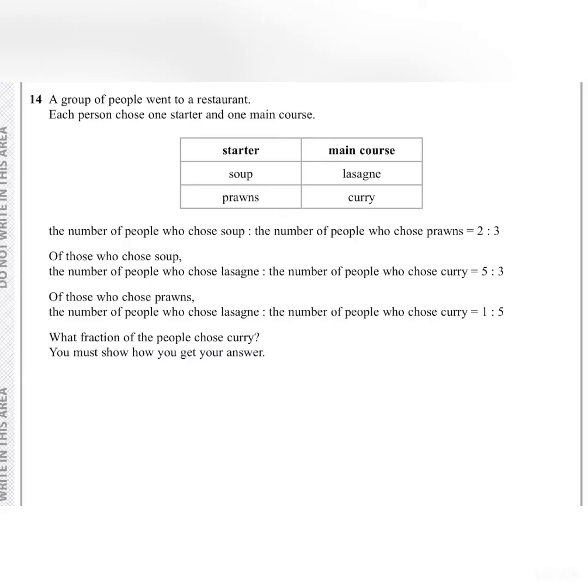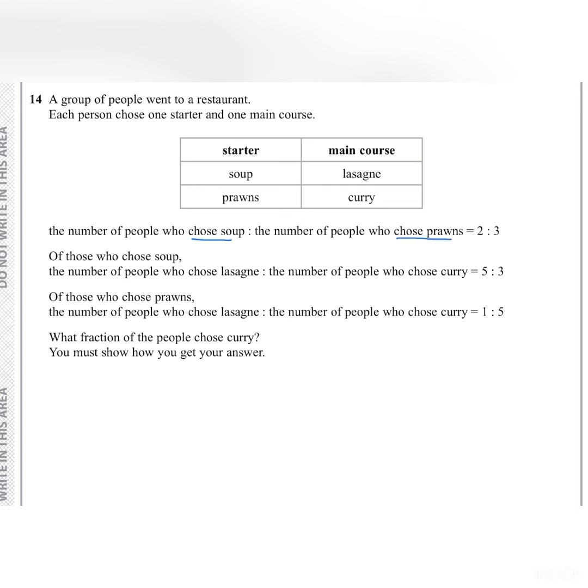Okay, question number 14, it says a group of people went to a restaurant and each person chose one starter and one main course. There are options of a starter, soup and prawns, and the main course is lasagna and curry. The ratio of the number of people who chose soup to the number of people who chose prawns was 2 to 3.